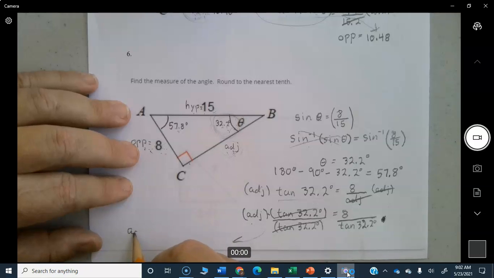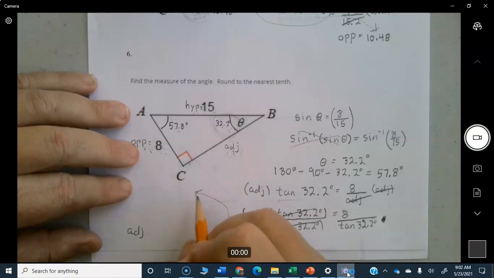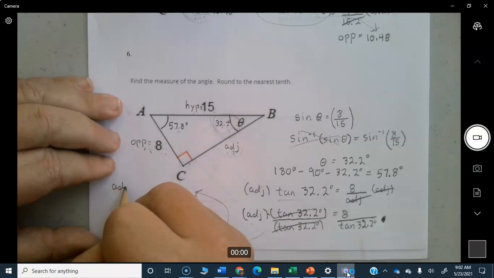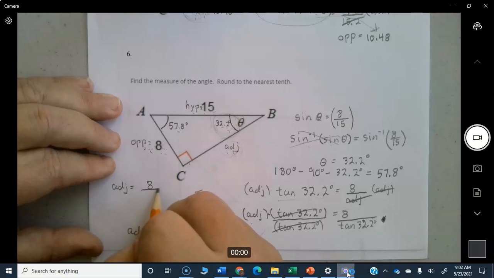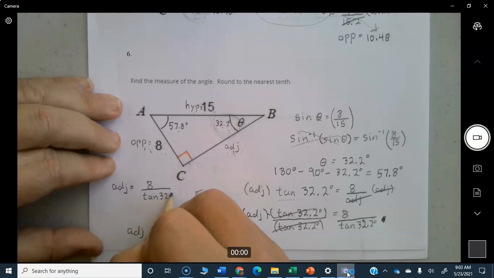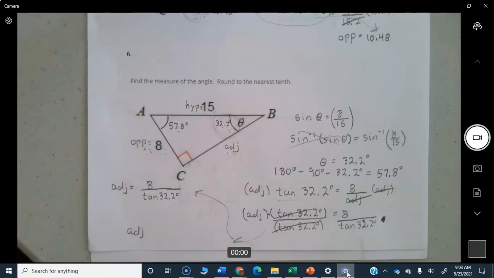And what you're left with is, I'll come and write it over here. You're left with adjacent. Let me actually write it up here. Equals 8 divided by tangent. Okay, there you go.